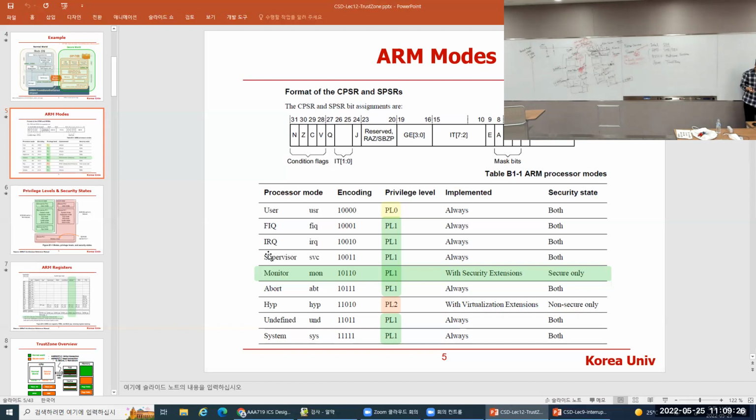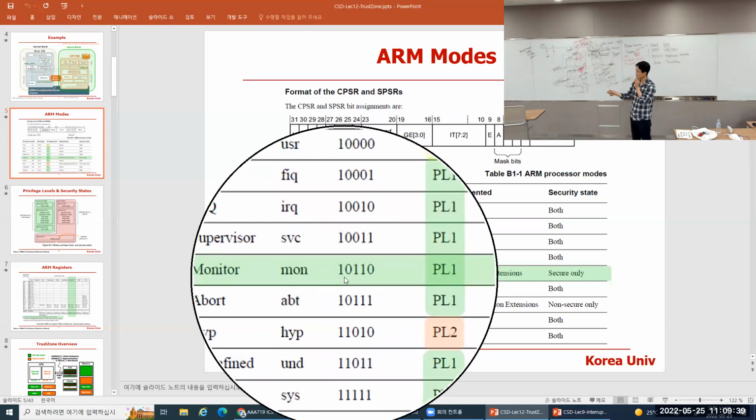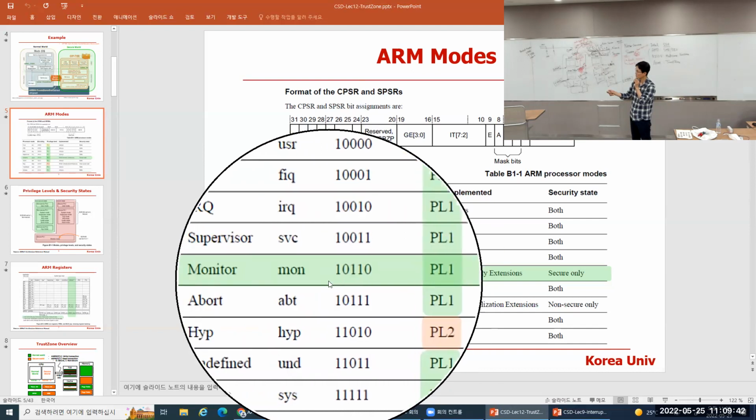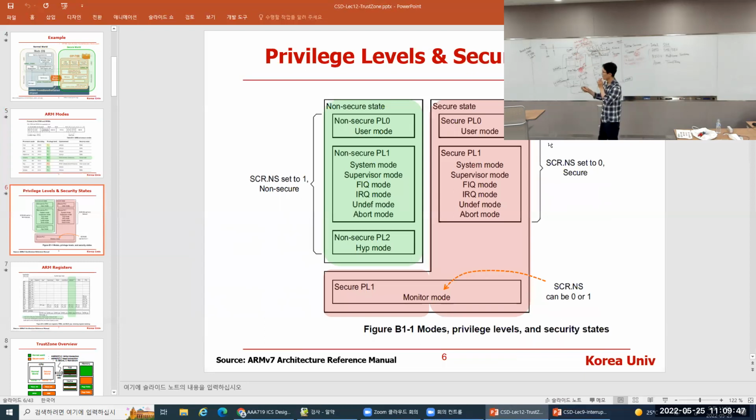Okay, let's move on. Monitor mode: by looking at the CPSR register, if the mode bits are 1 0 1 1 0, then you are in monitor mode. Then one important thing: green is the normal world, but pink, including monitor, is the secure state.